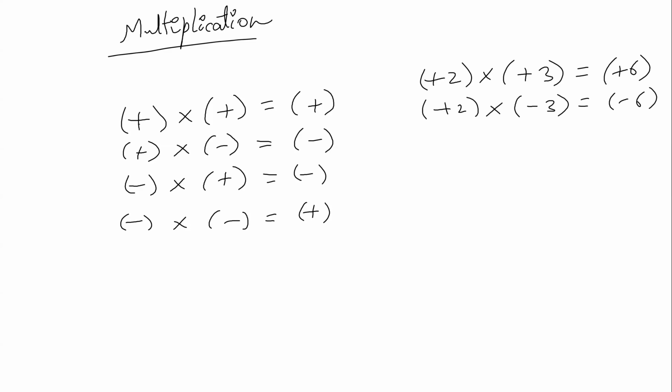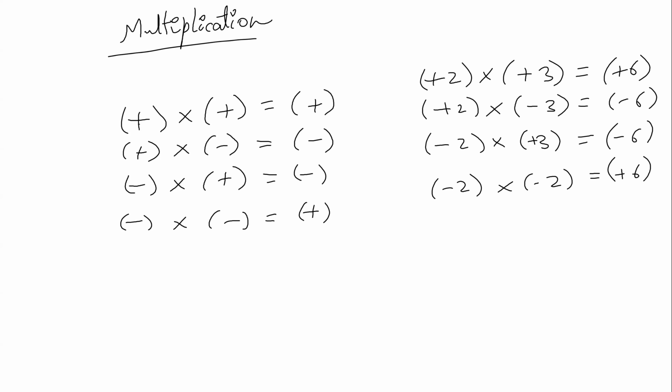If the first number is negative and the second is positive, the answer will again be negative. Then if my first number is negative and the second is also negative, the answer will be positive.